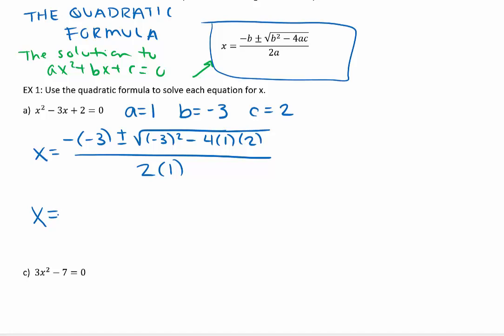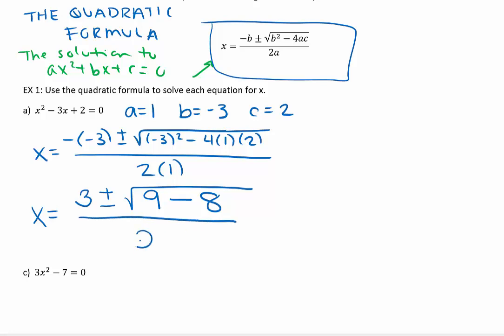And so let's see, b was -3, so -b is a +3, plus or minus the square root. -3 squared is 9, and then 4 times 1 times 2 is 8. And all over 2 times 1, or 2. So x is 3 plus or minus the square root of 1 over 2.